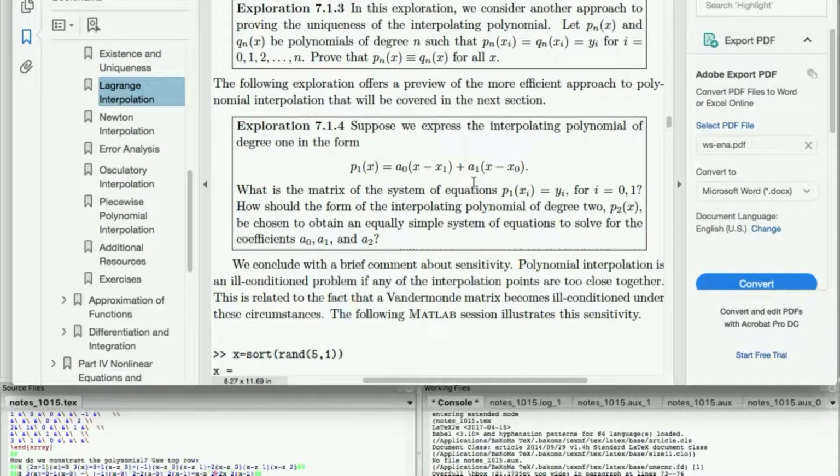Okay, so the system of equations still comes from this, but it's from a polynomial written in this form, as opposed to power form that leads to a Vandermonde matrix. In this case, to get this system, you'll plug in x equals x naught for one equation, x equals x1 for the other equation.